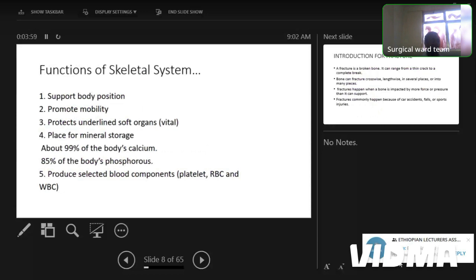Everyone is familiar with this. That means bone is the site for mineral storage. For example, calcium is stored in bone, and also phosphorus is stored in bone, which is important for bone formation. And also bone is the site for blood production. For example, red blood cells, platelets, and white blood cells are produced in bone marrow.